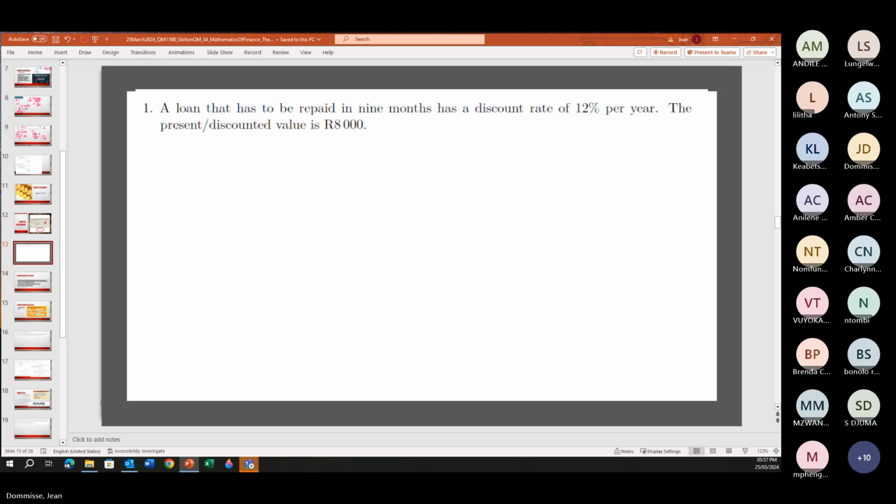So a loan that has to be repaid in 9 months, it looks like they love this 9 months in all the questions, has a discount rate of 12%. So we know that the discount rate is 12%, and we know that the time period is 9/12. Then they say the present or discounted value is 8,000. So what is the loan that needs to be repaid?